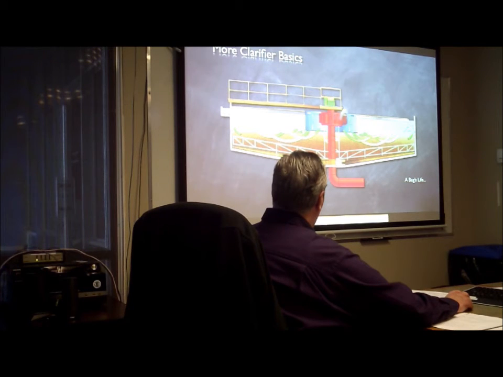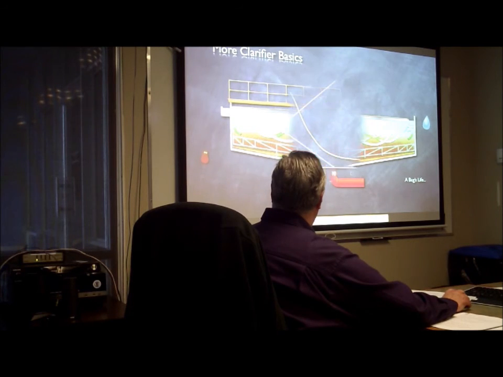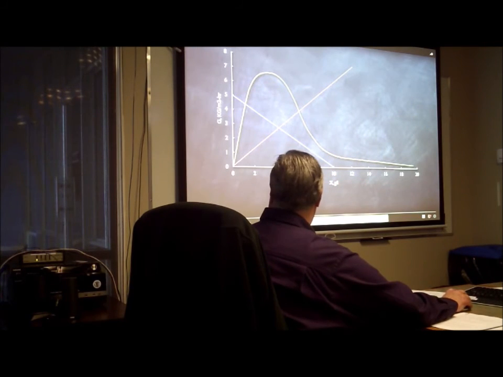As they enter the clarifier, energy is effectively dissipated, allowing the bug, which is more dense than water, to slowly sink, while the water eventually makes its way to the top of the tank and over the weir. Pretty simple, right? Well, a lot of work goes into making sure that a clarifier functions correctly.